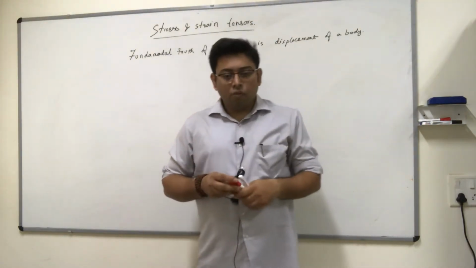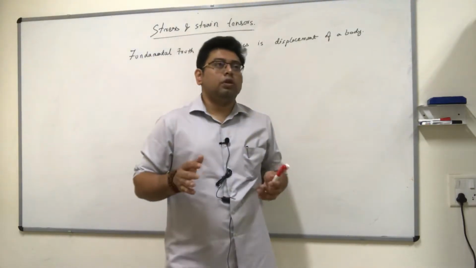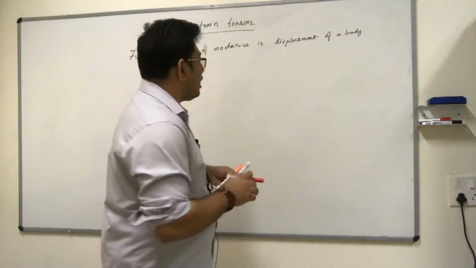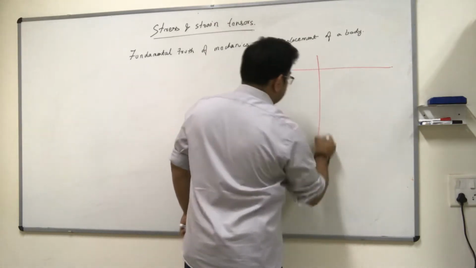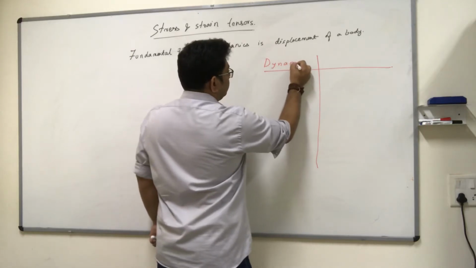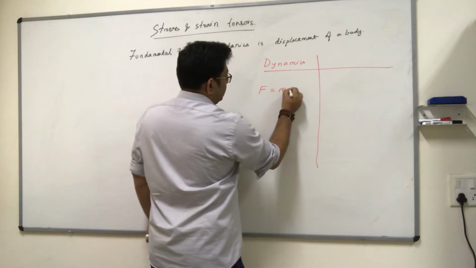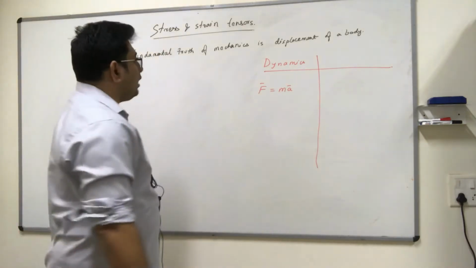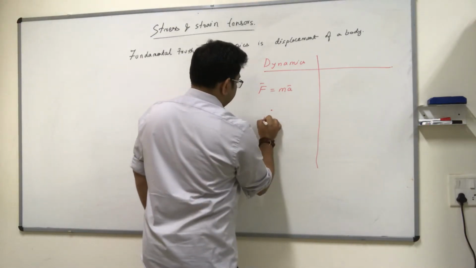But first and foremost, we always want to understand where we are with respect to dynamics. Okay, now in Newtonian dynamics, we were concerned with a vector equation, F equal to ma, and this is true for a body, right? So here it's a point body.